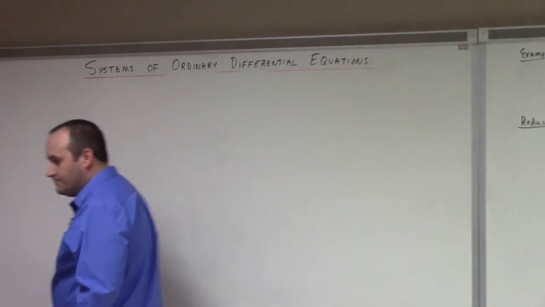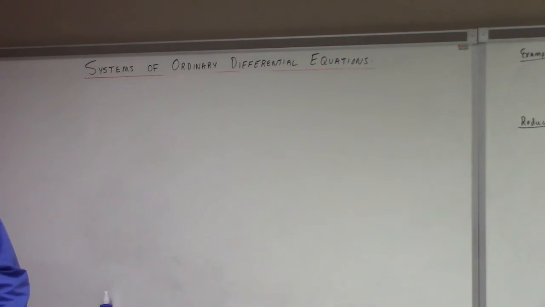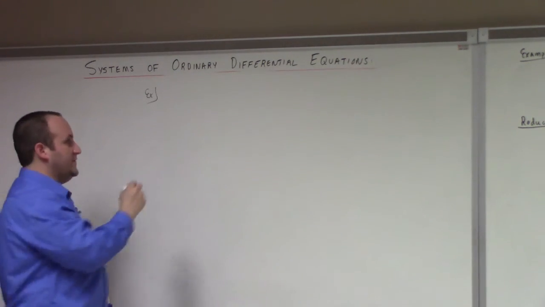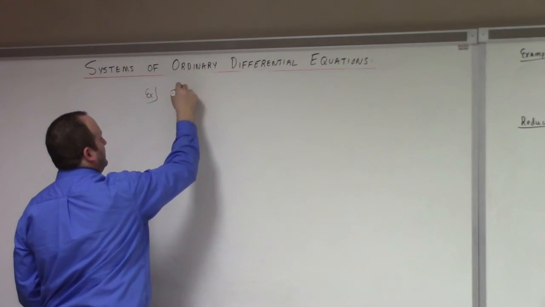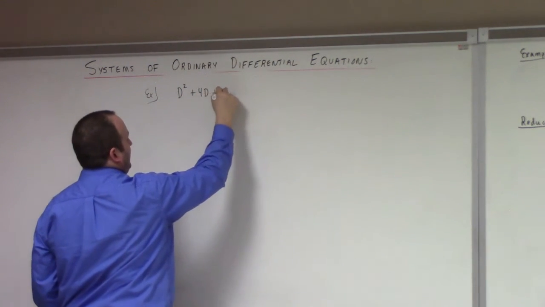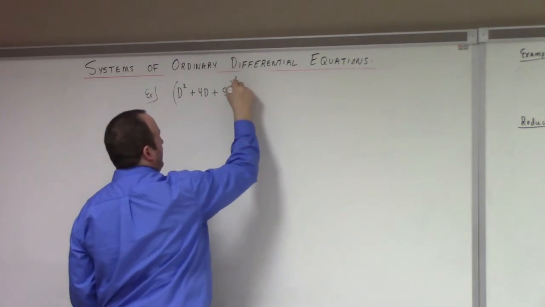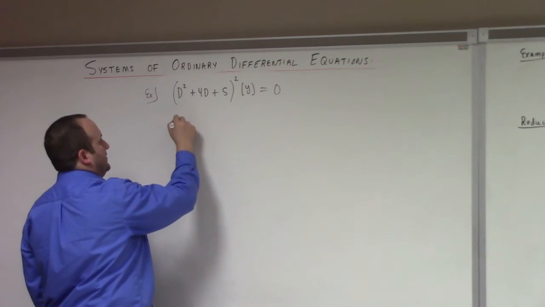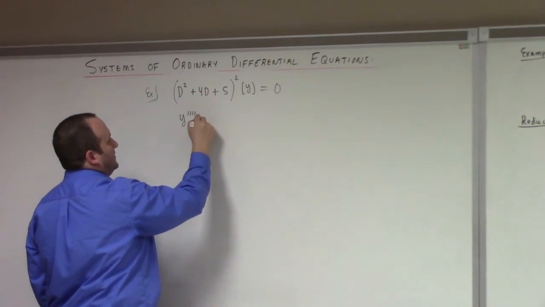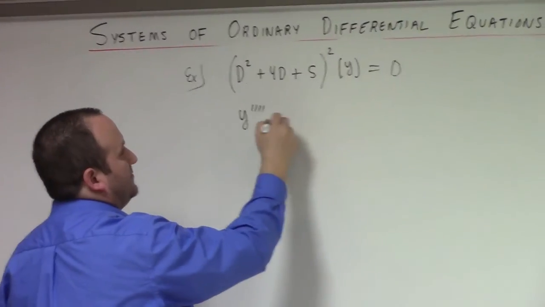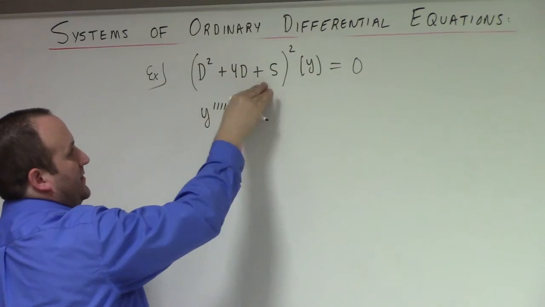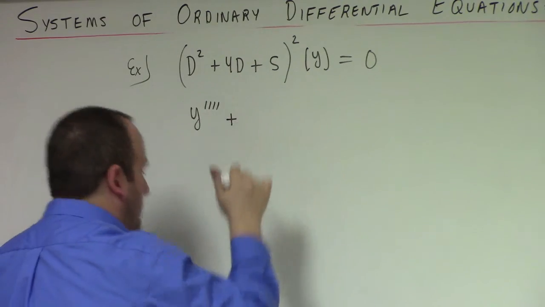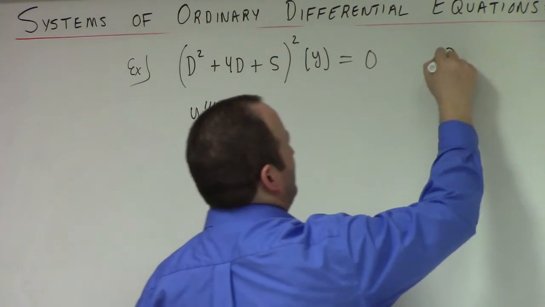Let's see here. So check this out. If I look at the differential equation, suppose I had D squared plus 4D plus 5, squared, as a differential operator acting on y equals 0. If you were to multiply this out, this would give you something like y prime prime prime prime. Help me multiply this out, guys.